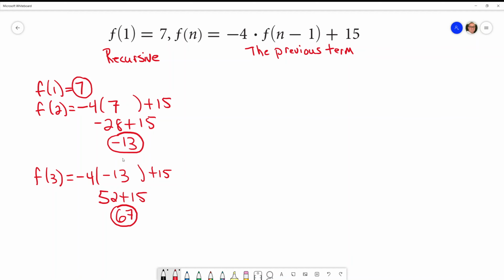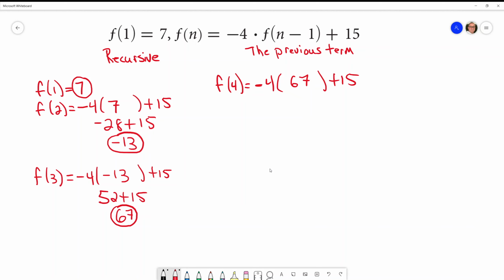So now let's find the fourth term. I'll do that up here. So f of 4 equals -4 times the previous term plus 15. So if I'm looking for the fourth term, that means I have to look at the previous term, which is the third term, which is 67. And that goes plugged in here. And so now we multiply.